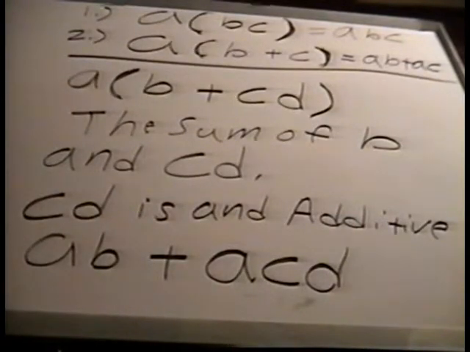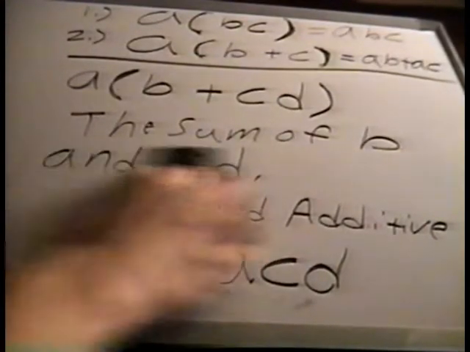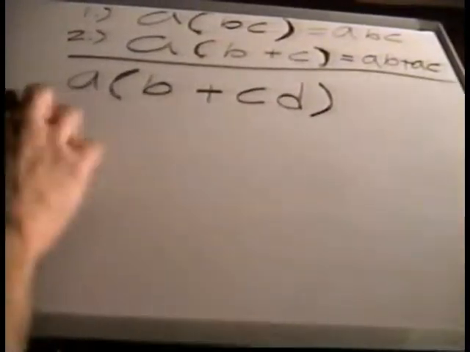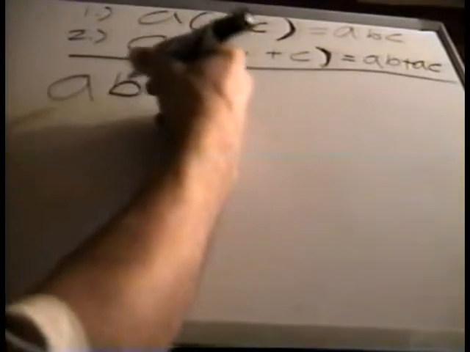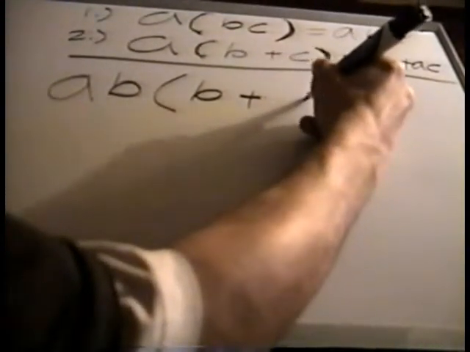C is a factor. Factors are also called multiples. We can use the terms interchangeably. Here I like to call them multiples because they're multiplying by each other.